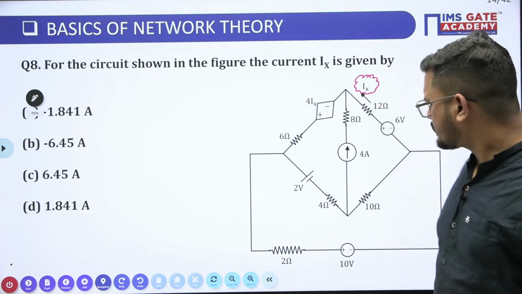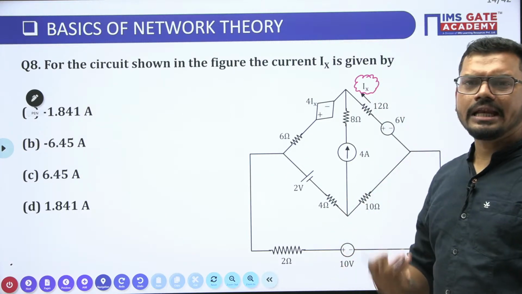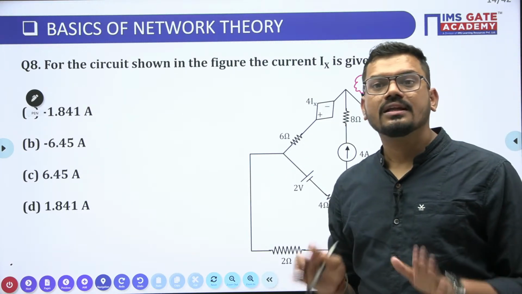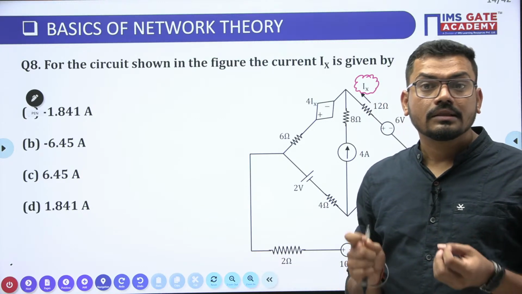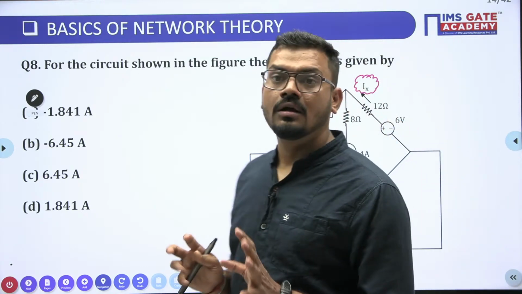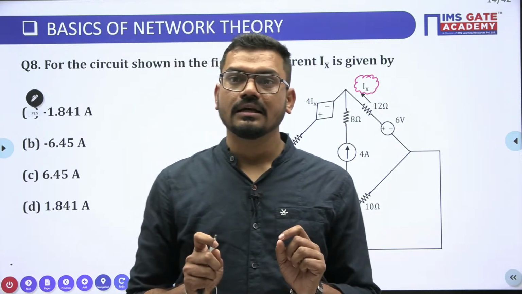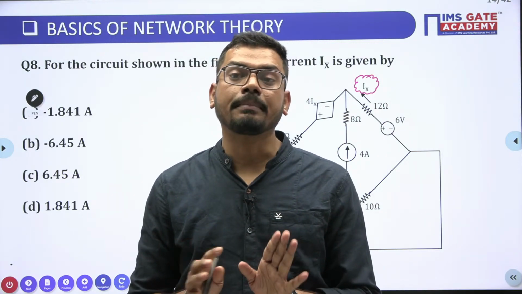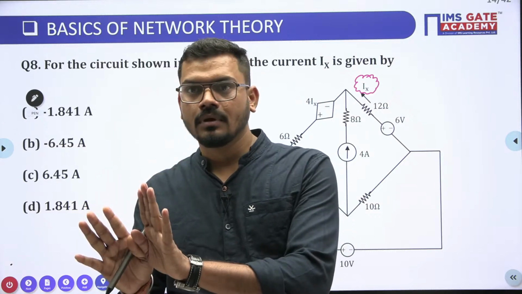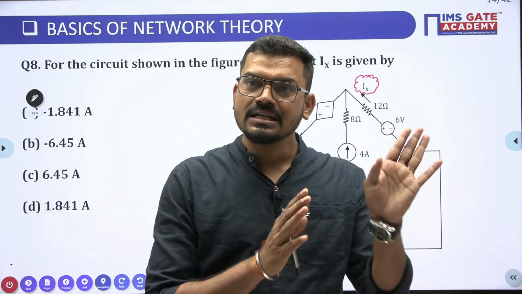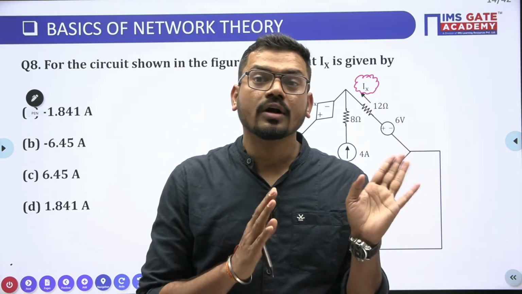Again, I will tell you here, guys, there are multiple solutions for this type of question. I'm always telling you, guys, network theory is like aptitude. You can solve that problem by taking more time.